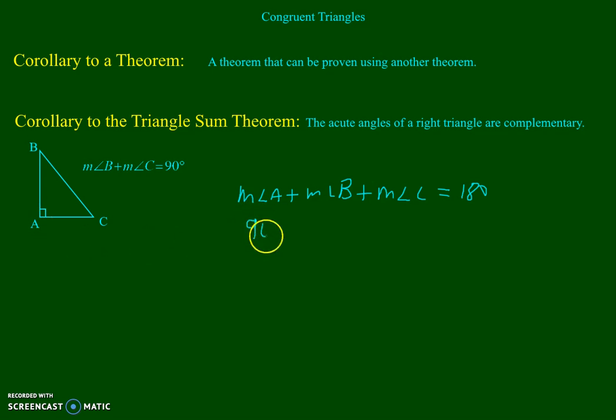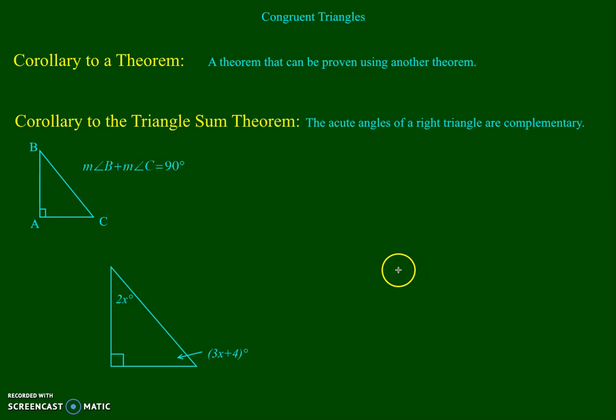So you have 90 plus the measure of angle B plus the measure of angle C equals 180. If we subtract 90, the measure of angle B plus the measure of angle C equals 90 degrees. So clearly now you can see that angles B and C are complementary because they're two angles that add up to 90 degrees. So that's the corollary to the triangle sum theorem.